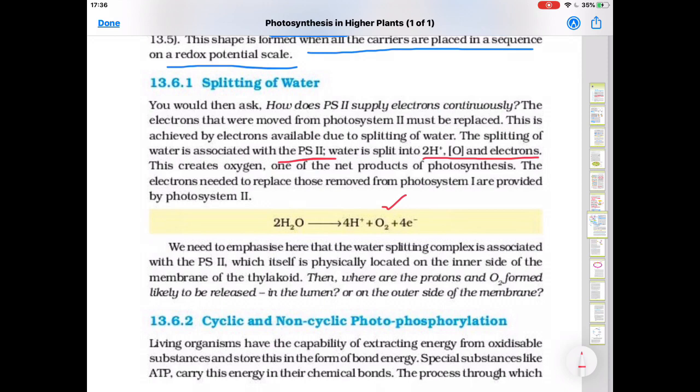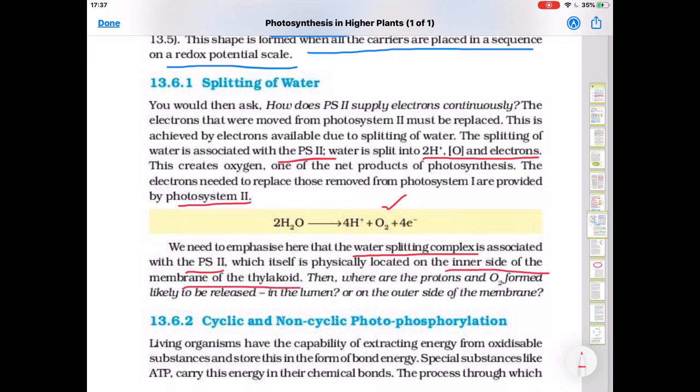The electrons needed to replace those removed from PS1 are provided by PS2. PS2 is continuously providing electrons towards PS1, and there these electrons are used by NADP and reduced into NADPH. The water splitting complex is associated with PS2, which is physically located on the inner side of the membrane of the thylakoid.